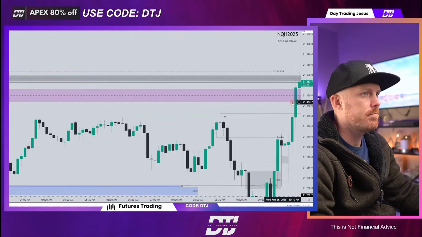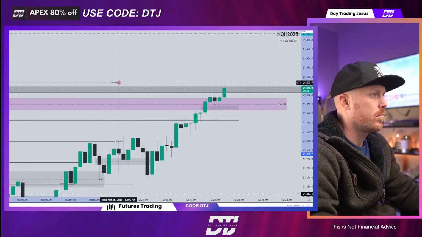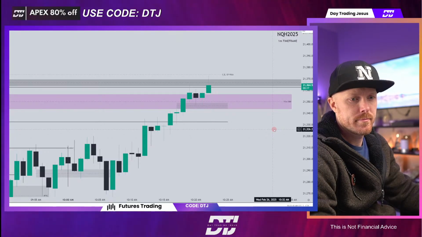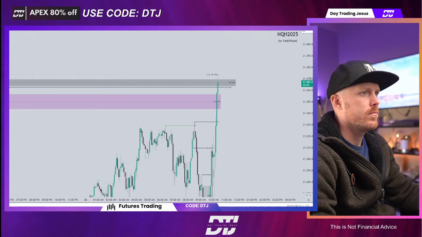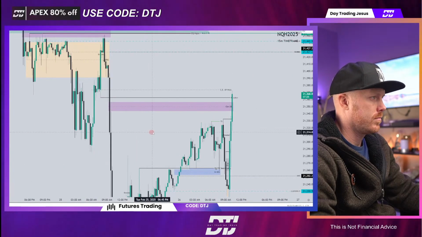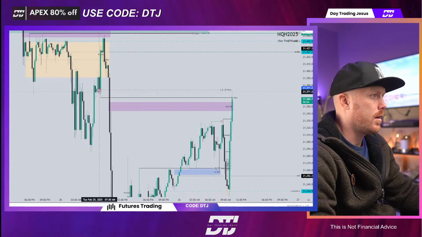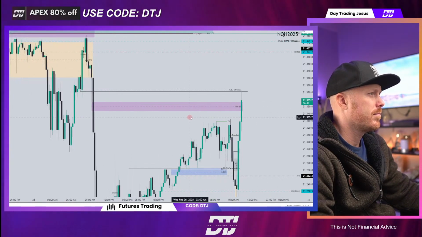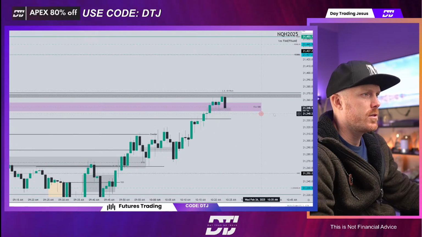Comes out to be right around that wick. We'll wait to see if it gives us some type of retracement. Yeah, I like that right there. There's the retracement that I wanted.